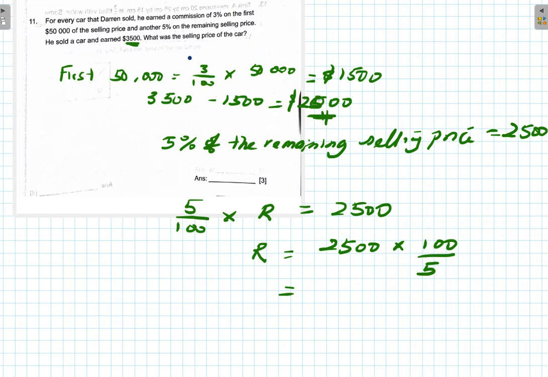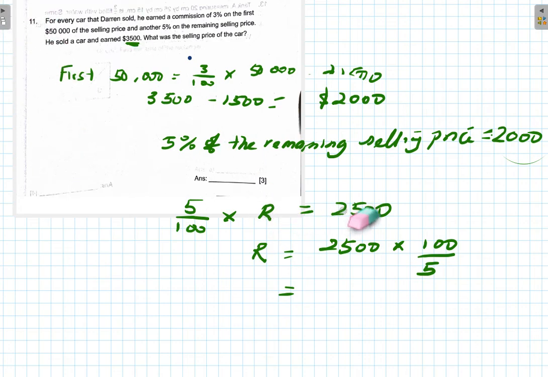Here is actually 2,000. So you must go back and check your work. It's easy to make mistakes, but this is not the kind of mistake that we want to make, because we want every mark from the math, right?